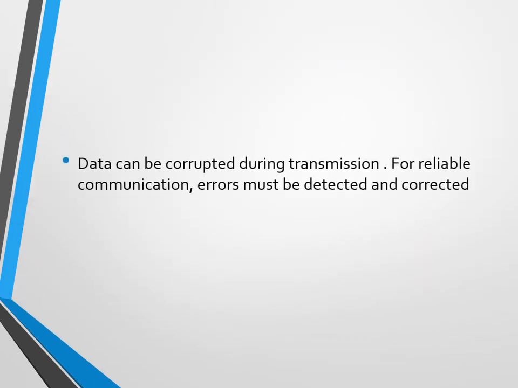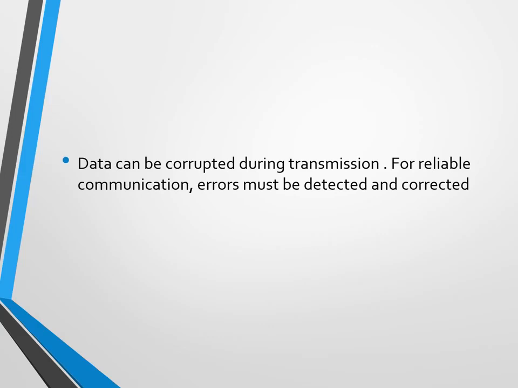Students, networks must be able to transfer data from one device to another with complete accuracy. In the previous lecture, we studied how to transfer data from one place to another place, that is, by using a transmission medium.